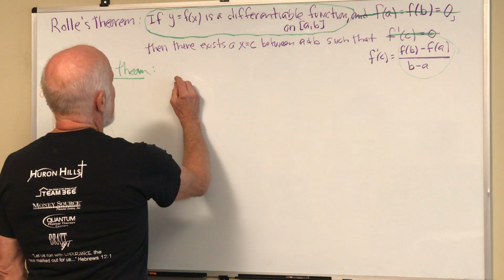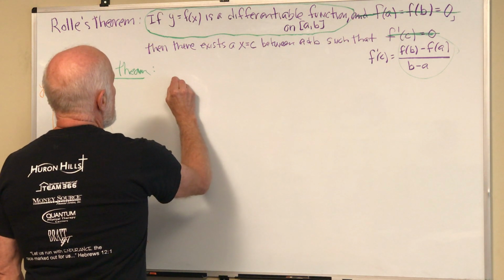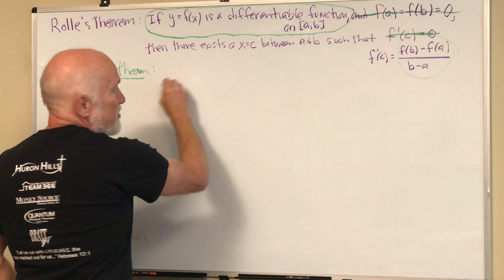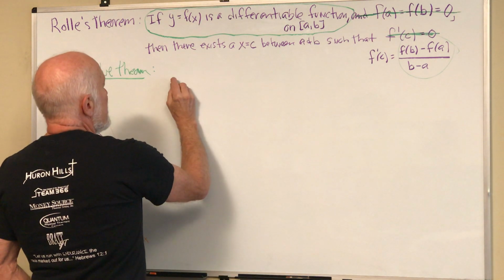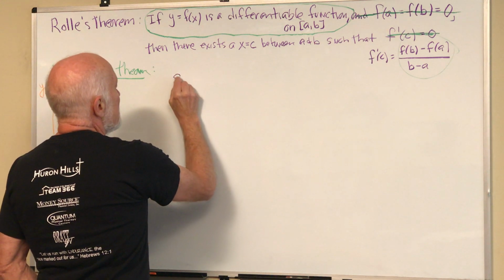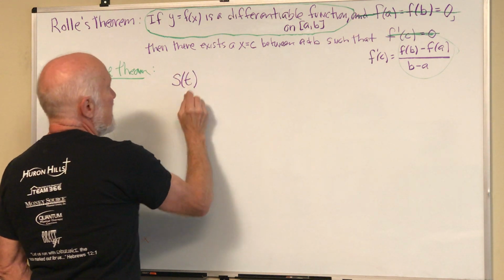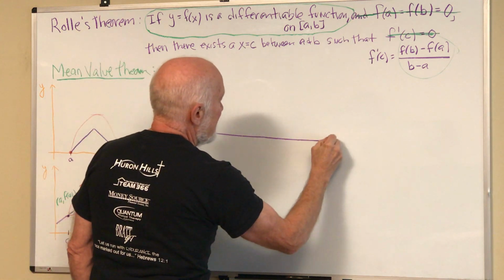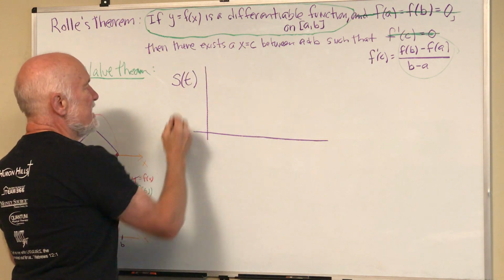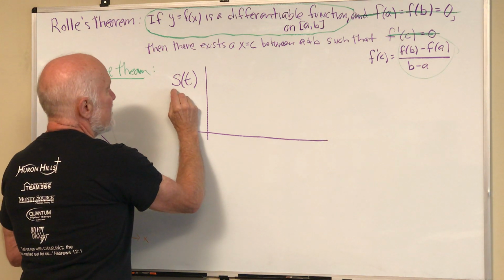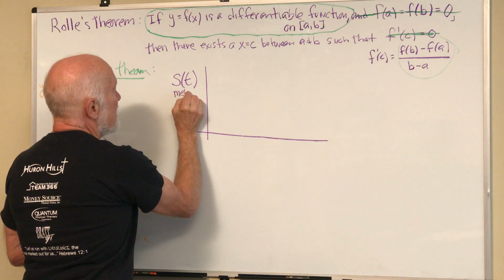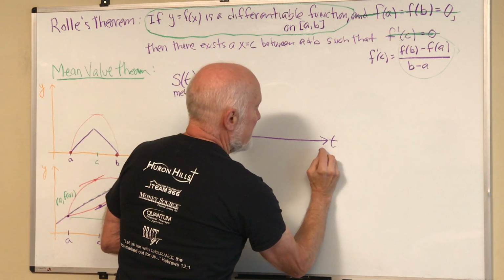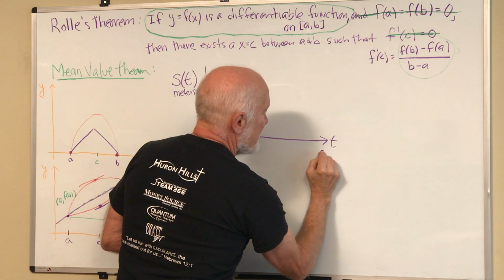So, say you were going on a walk or some kind of movement where you had a position equation, where you had the position s of t given in, say, meters, and time was given in seconds.